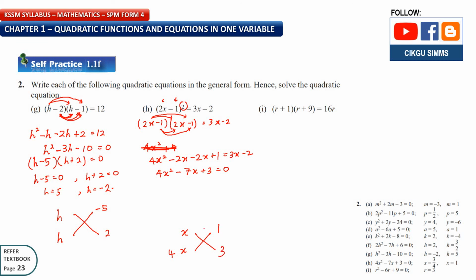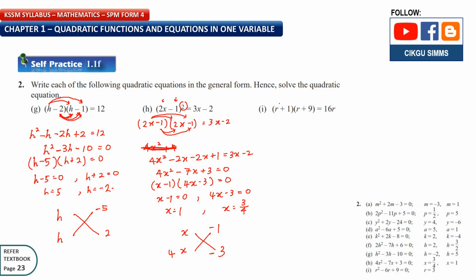And then 1, 3. And then both need to be negative because negative 7. So x minus 1, 4x minus 3. x minus 1 is 0, 4x minus 3 is 0, x is 1, 3 over 4.